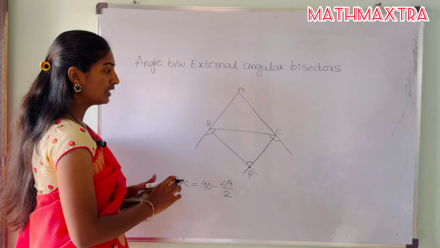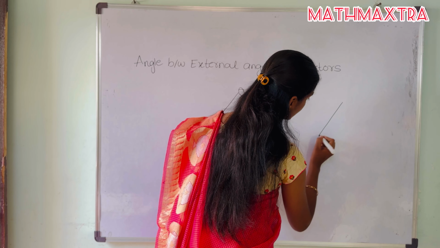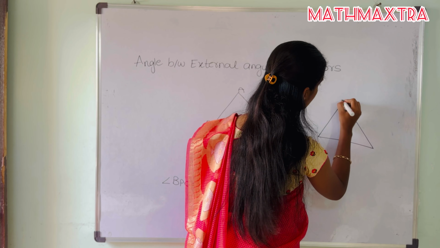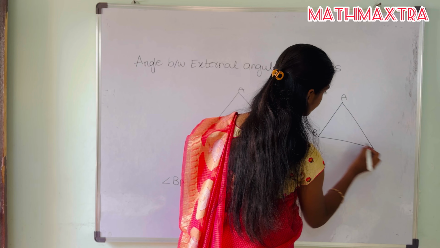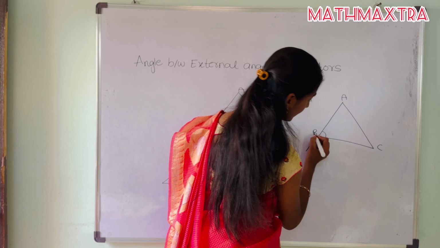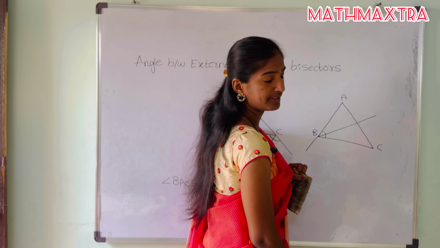And we have one more, that sometimes they may ask. This is a triangle ABC. This is an internal angle at B, and this is an internal angular bisector.